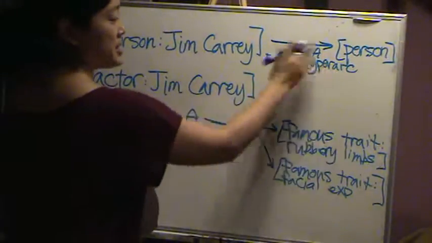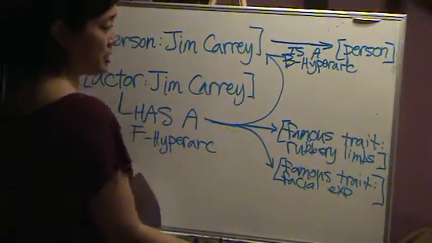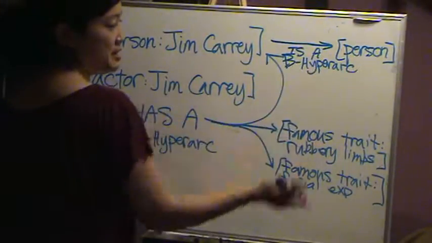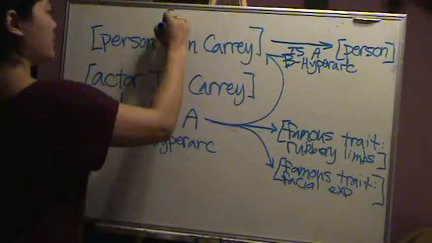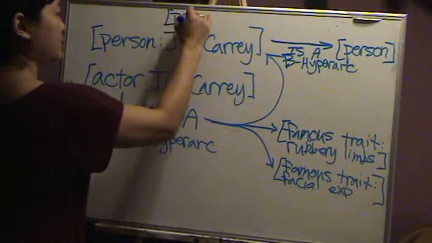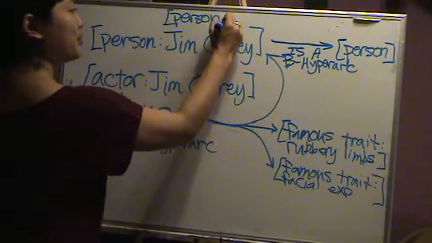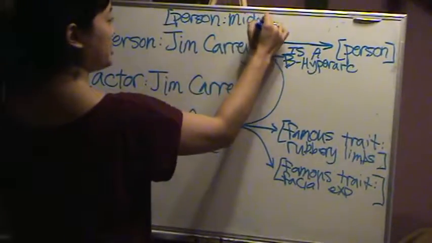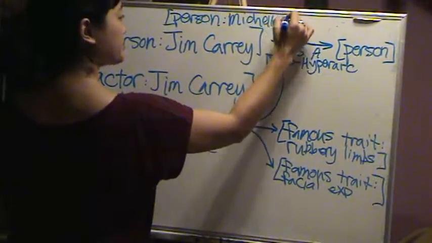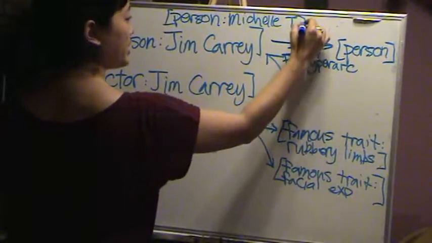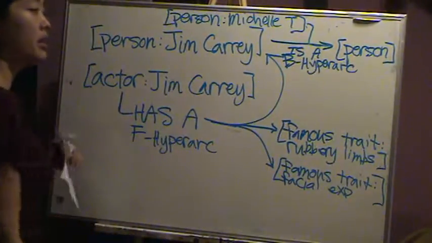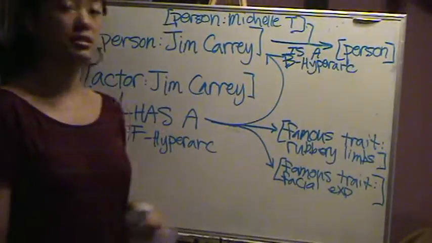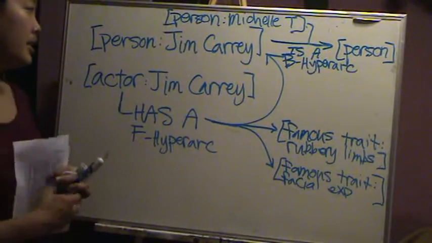So what else could be a tail to the object person via an is a relationship? Well, we might have person, me, Michelle Tom. And so I will be connected to that same arc.